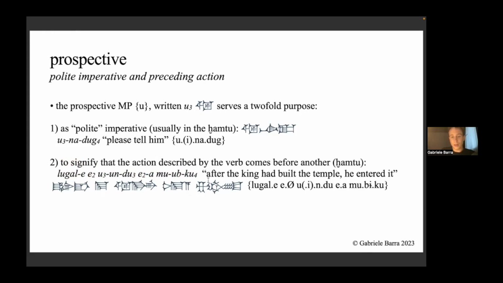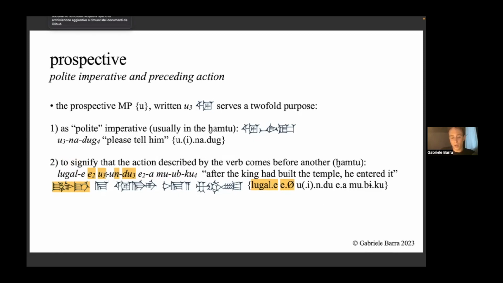All right. So let's go bit by bit. Lugal, the king, temple, no case, so it's probably the object. Du3 is to build. The n is the third person singular.